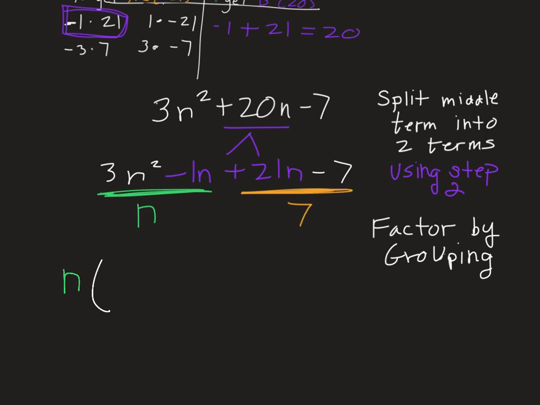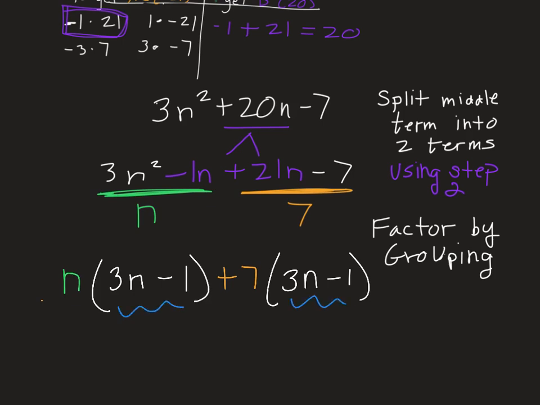So that's going to leave me with 3n minus 1. I'm going to factor out the 7 out of the second group, and that leaves me with 3n minus 1. I know I'm on the right track because I have this common set of binomials right there.